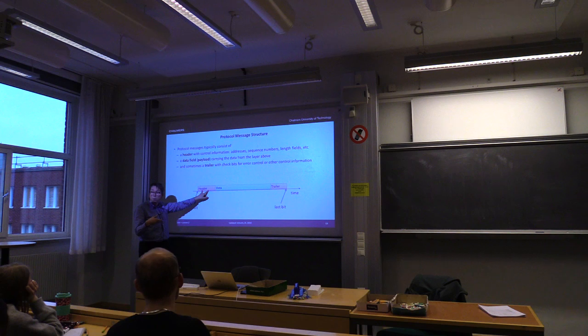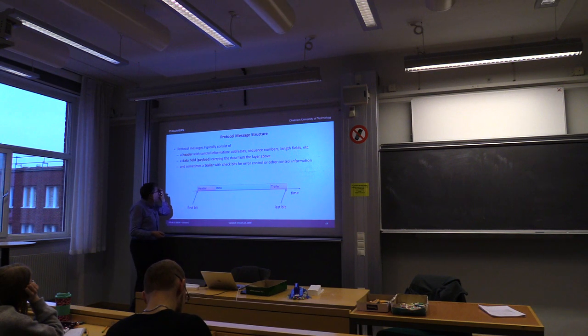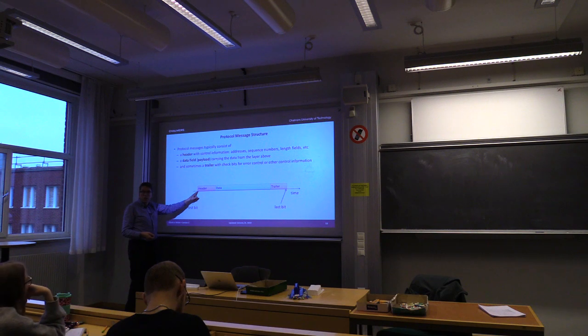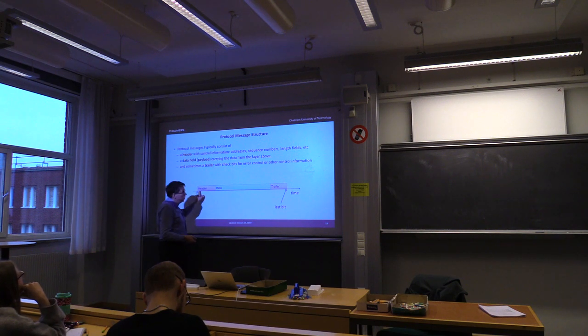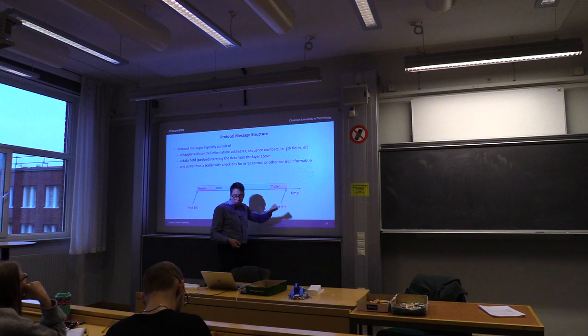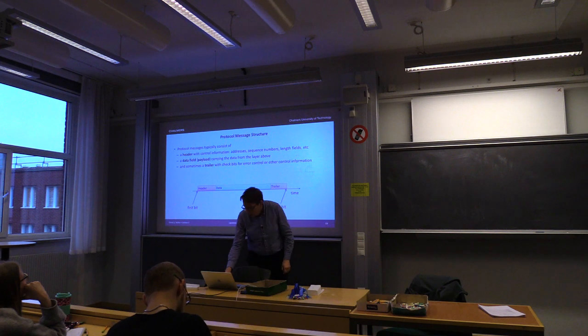So the post office knows what to do with this envelope. Okay, so header, data field, and sometimes a trailer. And typically we think that this is the first bit in the packet or the protocol message, and this is the last bit. Okay.